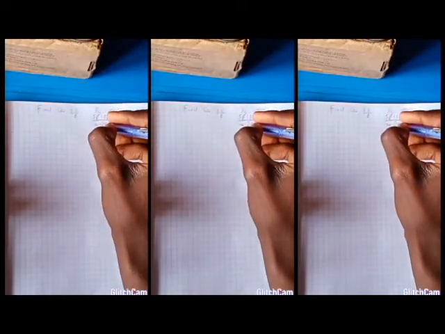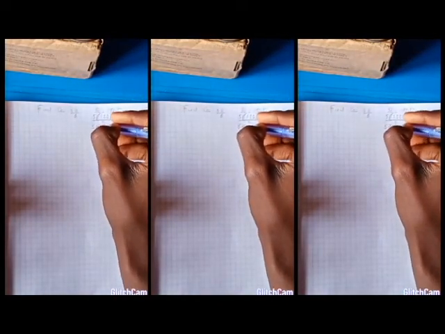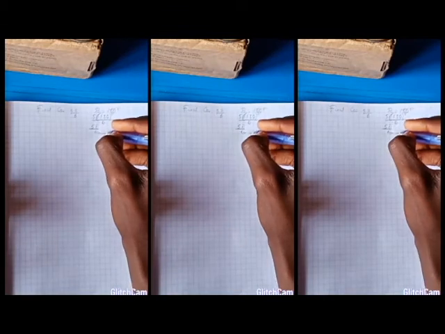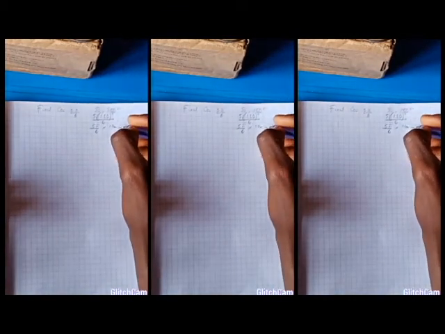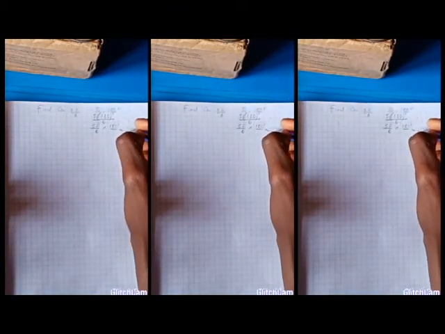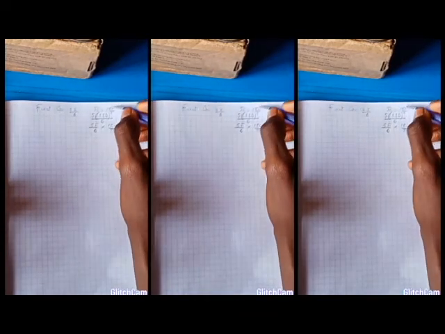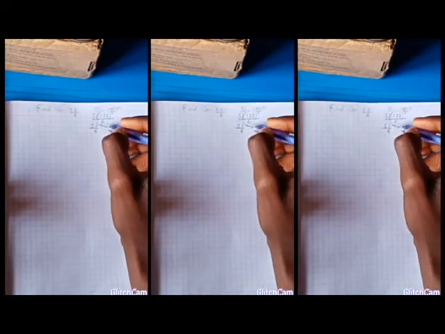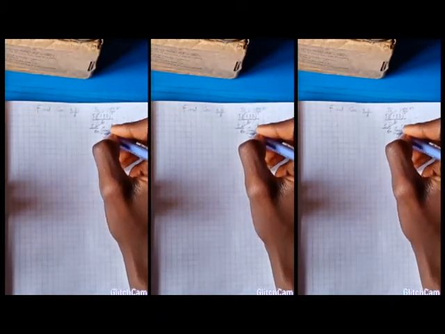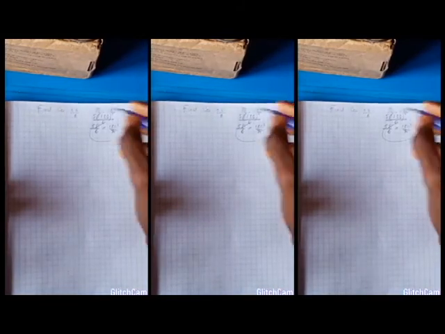Or if you want to see the canceling, you can do 5 pi over 6 times 180 degrees over pi. It's the same thing, since pi and pi cancel. 180 divided by 6 equals 30 degrees, times 5 equals 150.